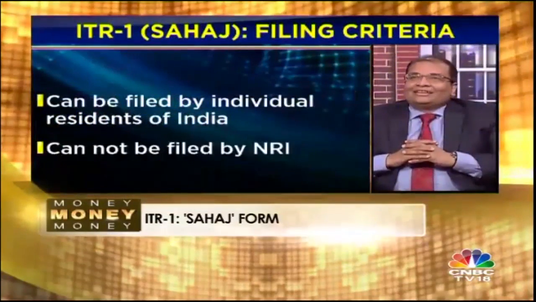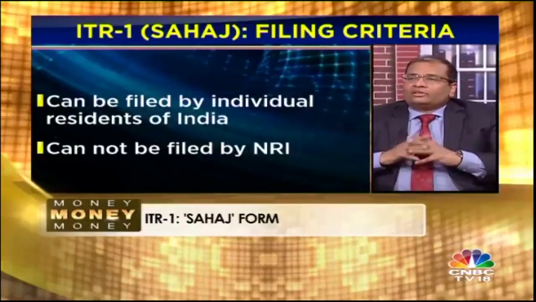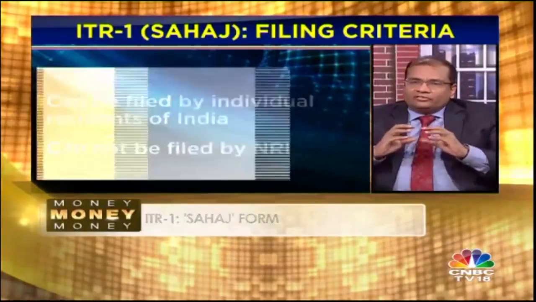Now, given that there are various requirements of return filing, it is essential that which form to be used for filing the return. Now, if we look at ITR 1, which is a very simple return, where you don't have any complicated income, you have just salary. The Sahaj form, is it called? Sahaj form, absolutely right. So it is so Sahaj, but it is only for the income which are from different sources.